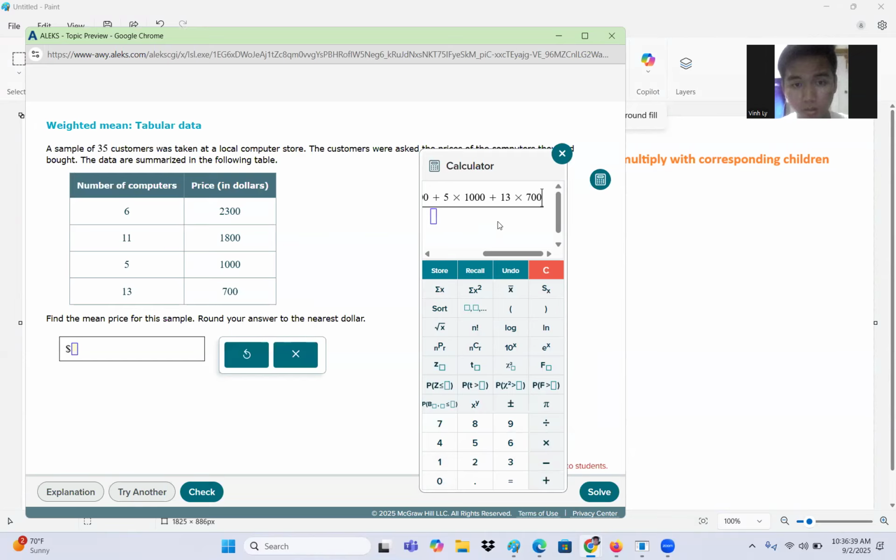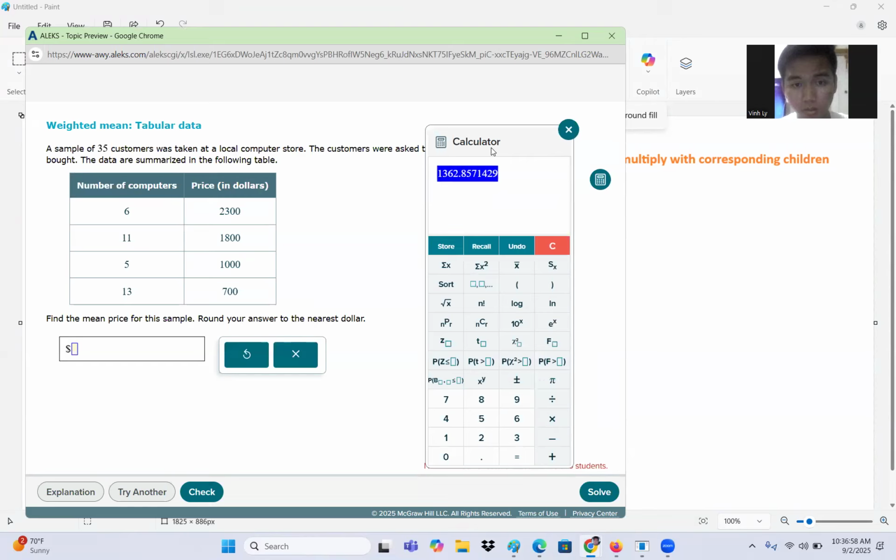If you make mistakes on your calculation, just hit backspace on your laptops. It should be fine. And then we add up the total number of households. I'm sorry, the total number of computers: 6 plus 11 plus 5 plus 13. So you should get the average price of around $1,362.